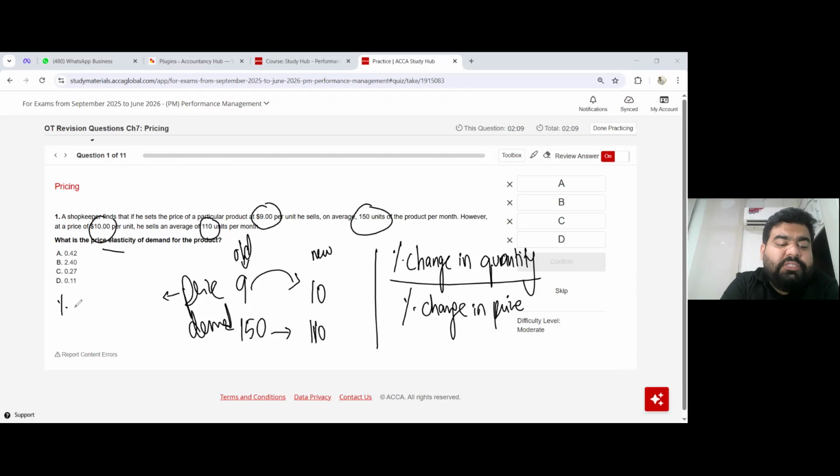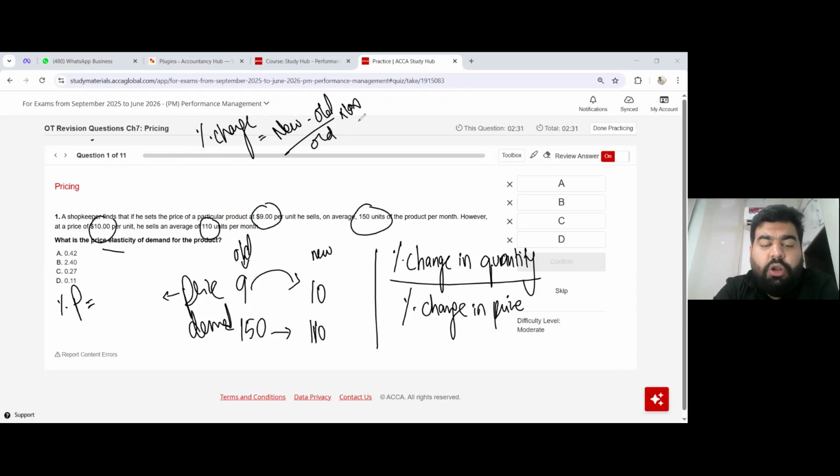First I'm calculating percentage change in price. The price goes from 9 to 10. If you have to calculate the percentage change in anything, you do new amount minus old amount, divided by old amount, into 100.